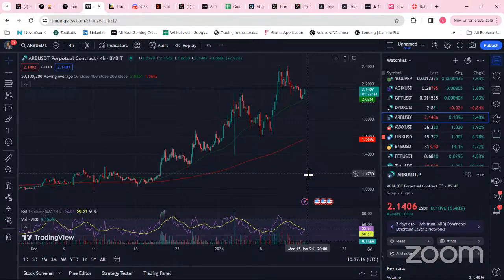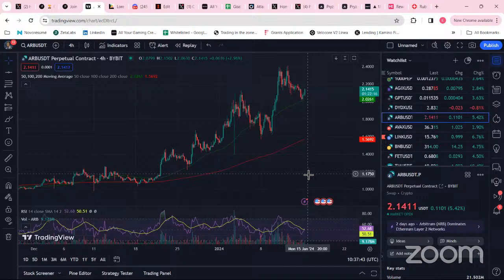There was a day in December or earlier this year, I don't know if it's been consistent, but for that particular day, the TVL for Arbitrum exceeded Ethereum and every other layer two, that's ZK Sync, Linea. Arbitrum exceeded all of them.